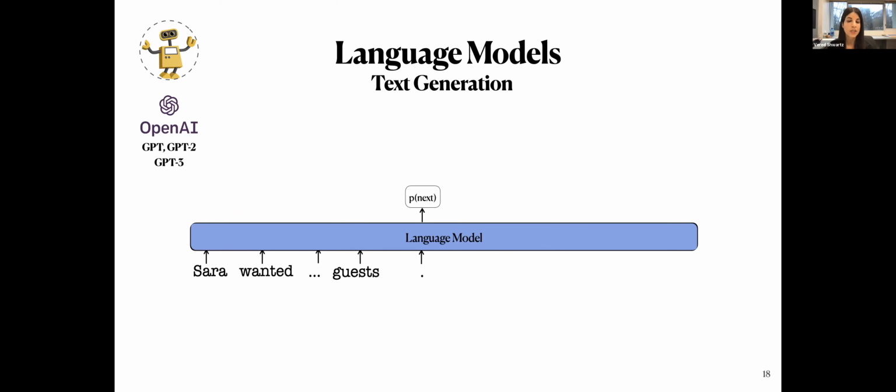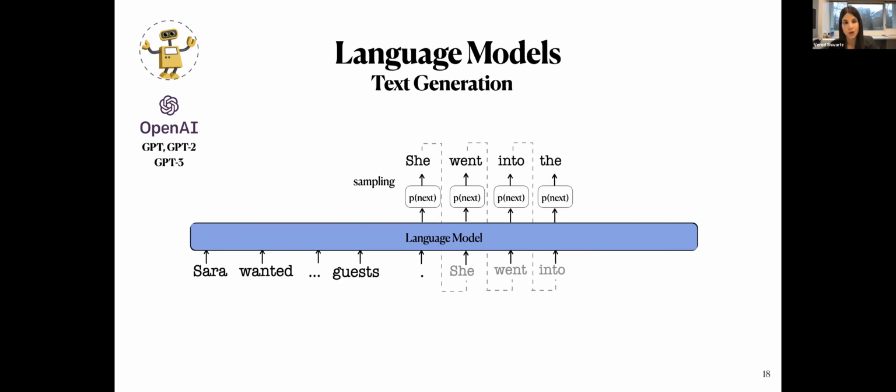And then you can obtain that next word from the distribution by sampling in various different ways. Let's say greedy sampling, just taking the word with the highest probability, and then feeding it back into the model as input to generate the next word, and so on, until you reach some maximum number of tokens, or an end of sentence token.